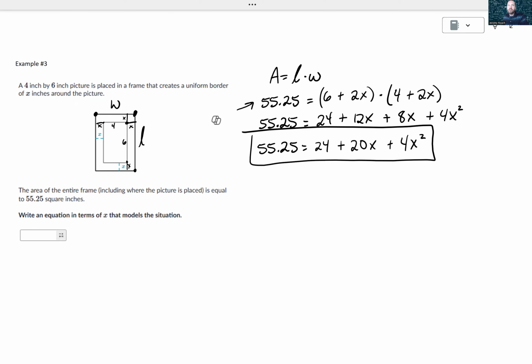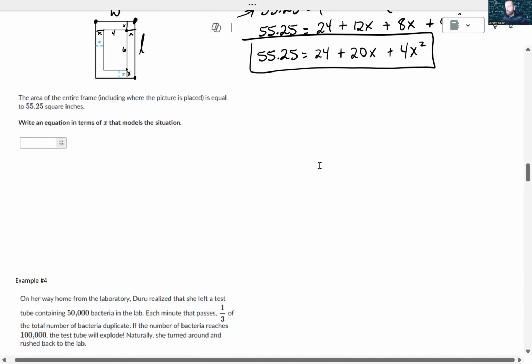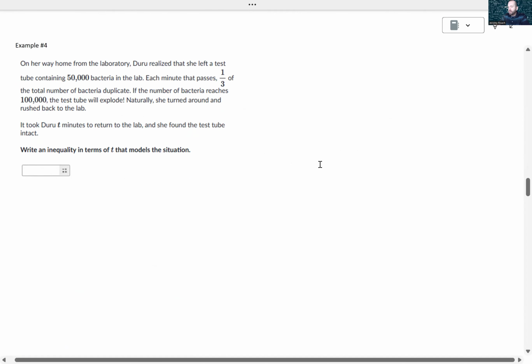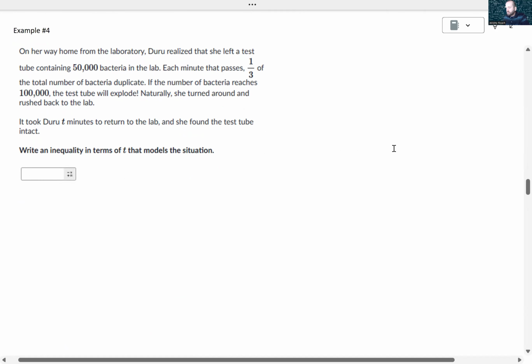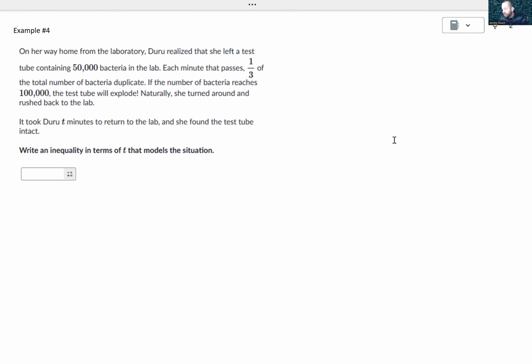All right, let's look at one more inequality one. I thought this one was a little bit tougher than the other ones. On her way home from the laboratory, Duru realized that she left a test tube containing 50,000 bacteria in a lab. Every minute that passes, one third the total number of bacteria duplicate.